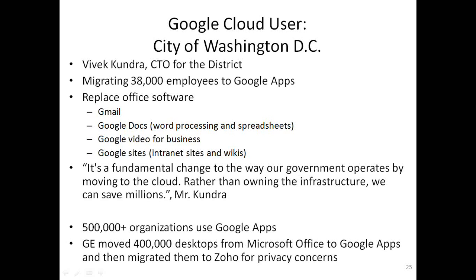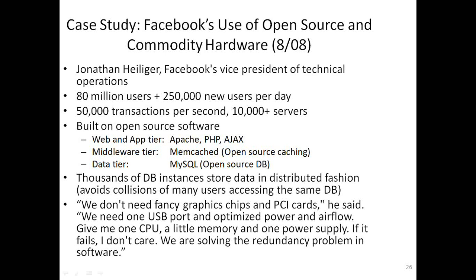500,000 plus organizations are using Google Apps. Even GE has moved its desktop from Microsoft Office to Google Apps for saving costs. It later moved to Zoho for improving its security and also keeping the cost low. Facebook uses open source and commodity hardware.